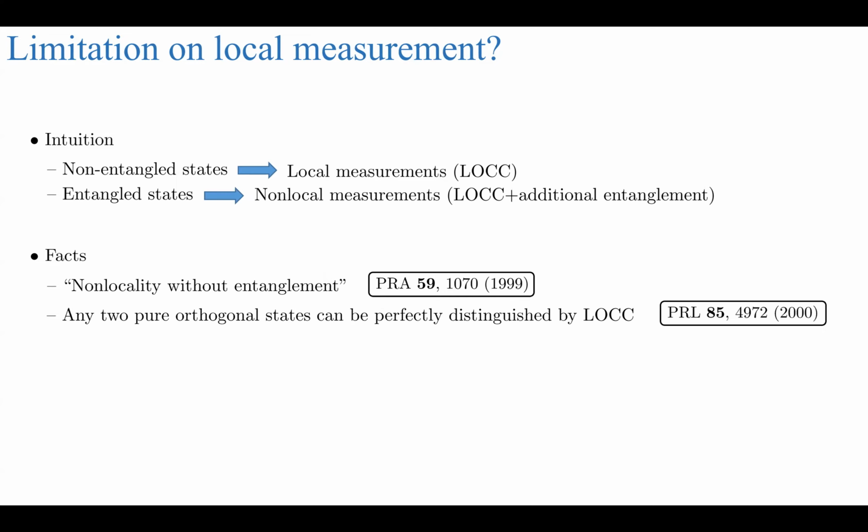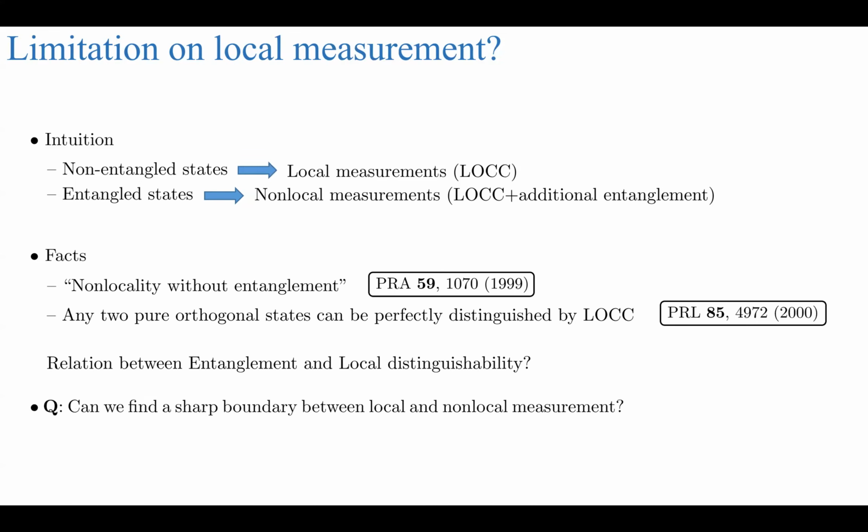And the other extreme case is that any two pure orthogonal states can always be distinguished with certainty using only LOCC, regardless of how entangled they are. So because of these counterintuitive examples, we cannot find a simple relation between the entanglement in the states and local distinguishability.